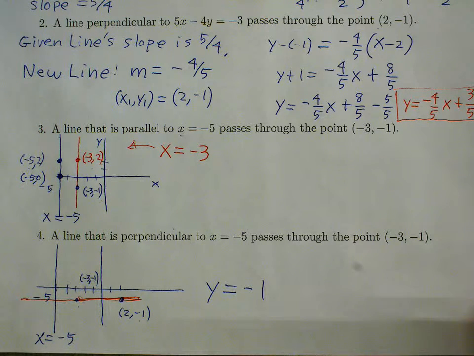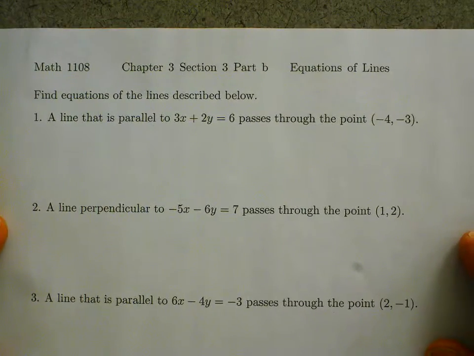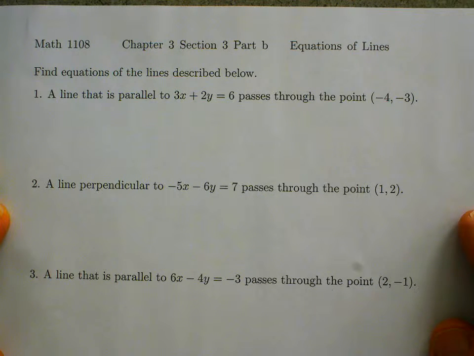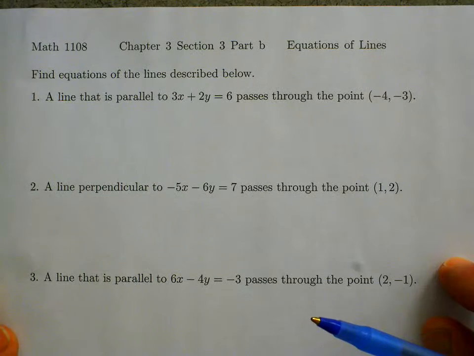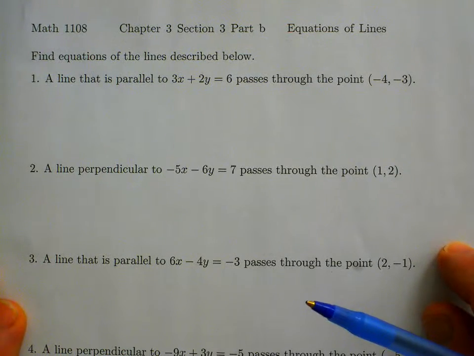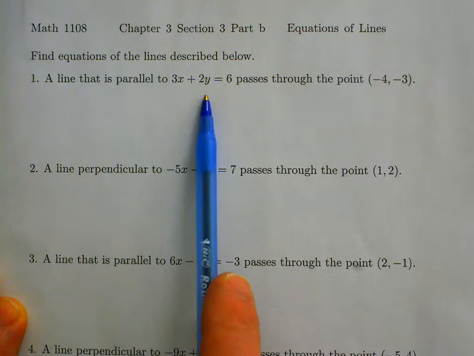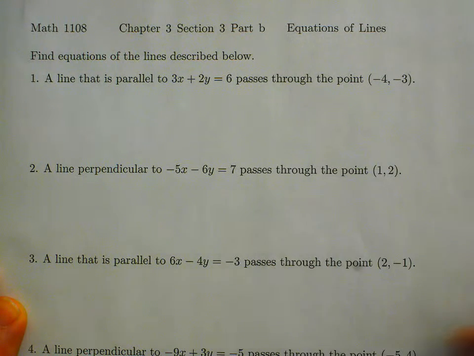So more of the same, but just perhaps a little more complicated. Find equations of the lines described below. A line that is parallel to 3x plus 2y equals 6 passes through the point -4, -3.